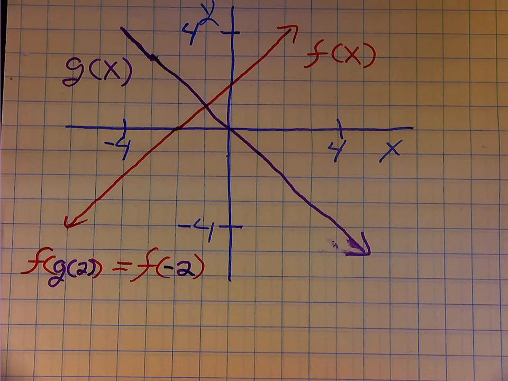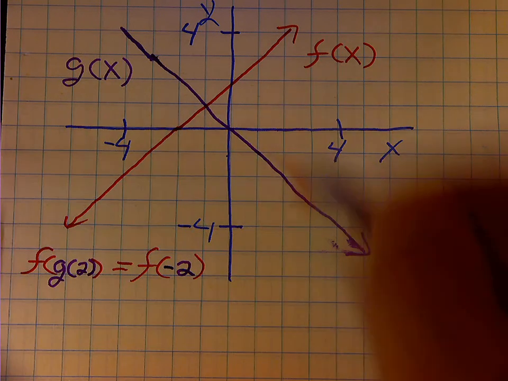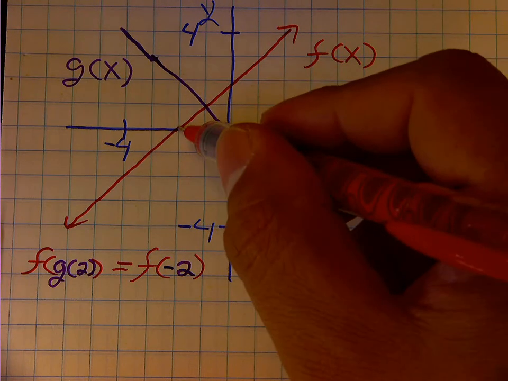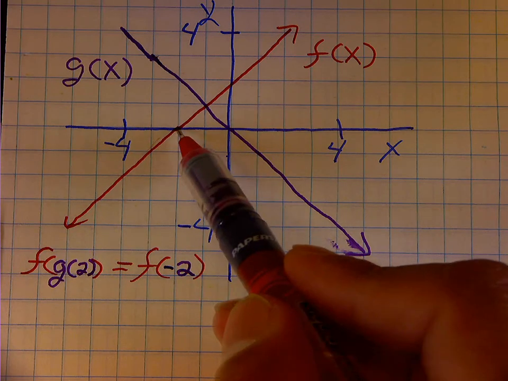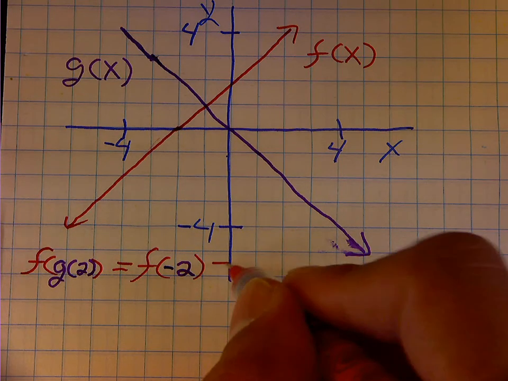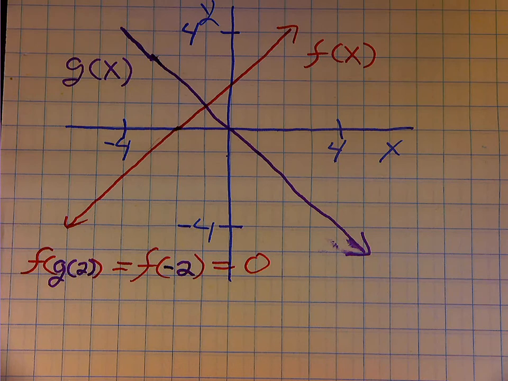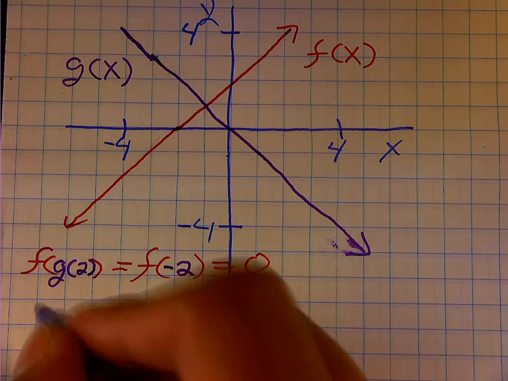Now I know what to plug into f. Once I have that, I'm going to find the input of negative 2 and calculate its y value to be approximately 0. Let's look at the other direction.